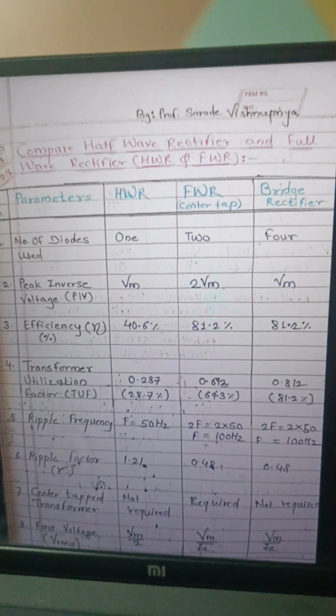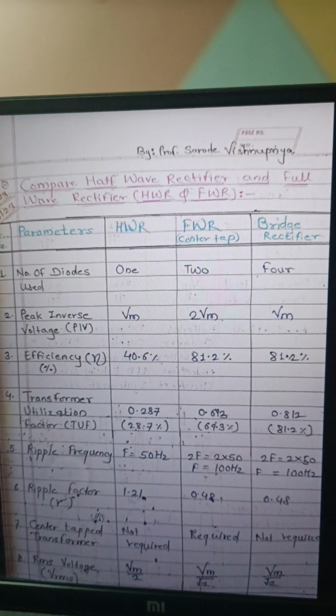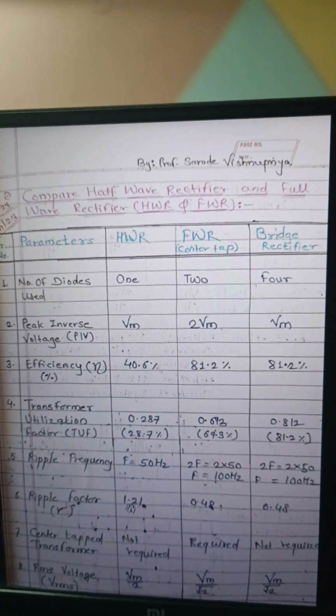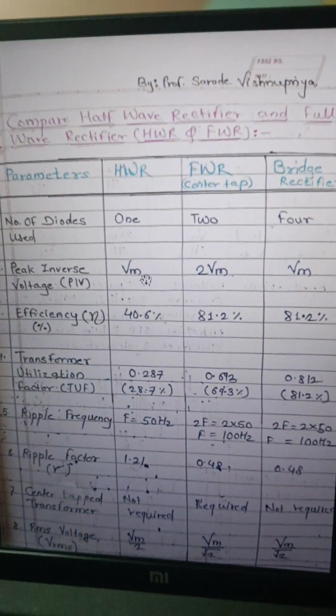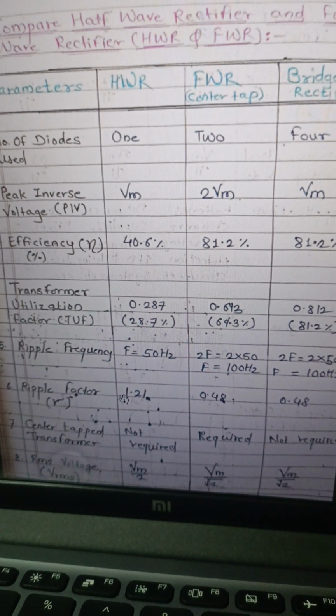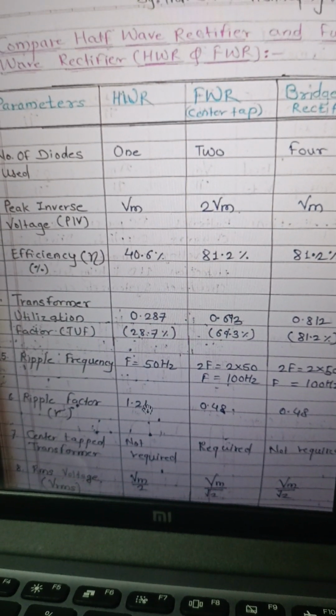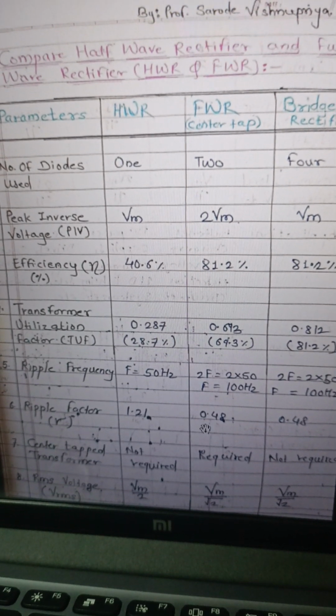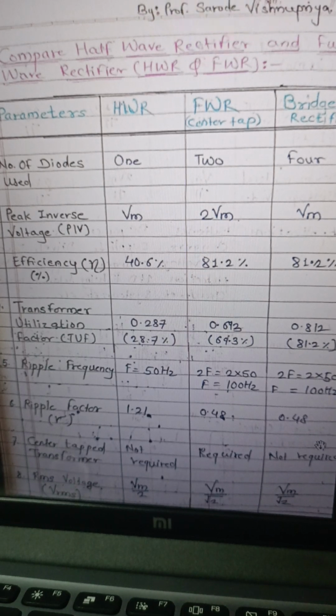Then the ripple factor, which measures the ripple content, the unwanted content. In the half wave rectifier circuit the ripple content is more, 1.21, and for the full wave center tap and bridge it is the same, 0.48.